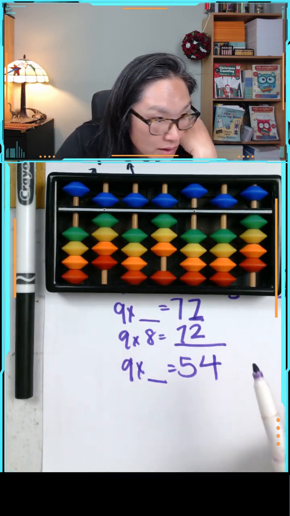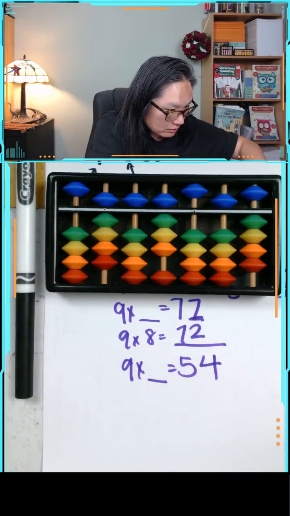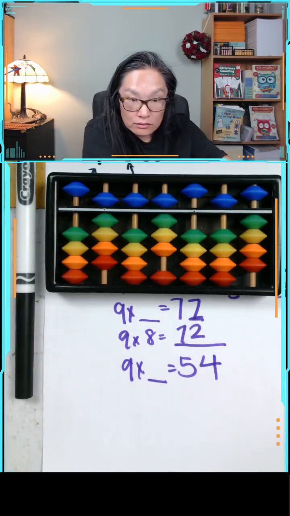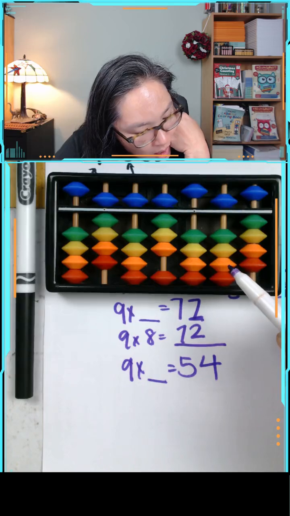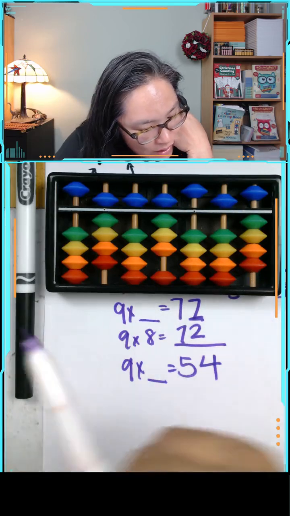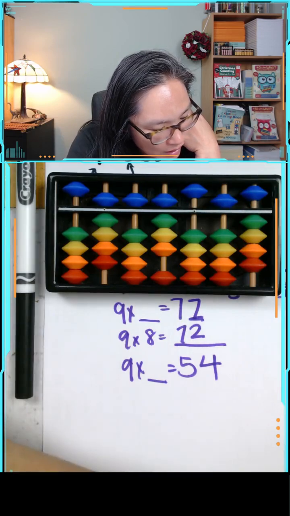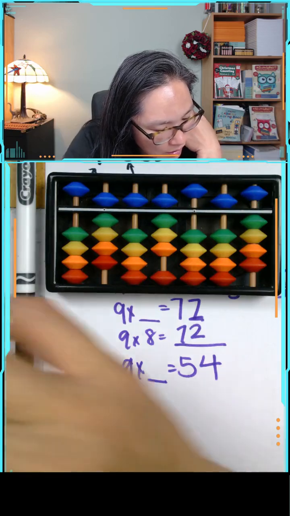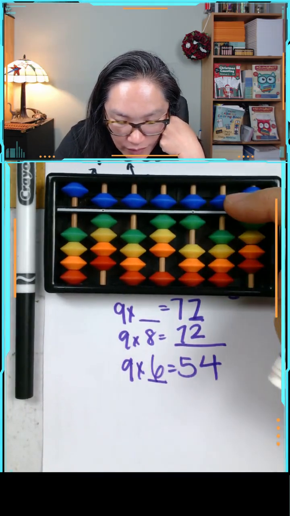9 times what is equal to 54? 6? Is it 6? Add the 6. Take away 5.